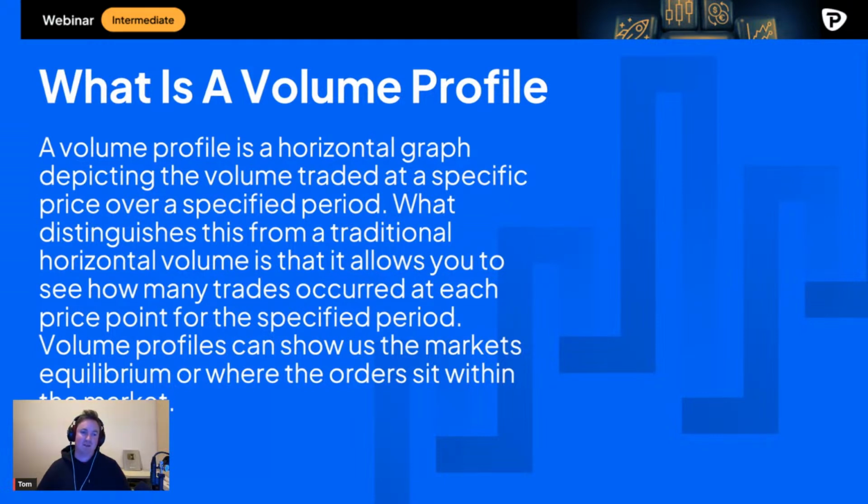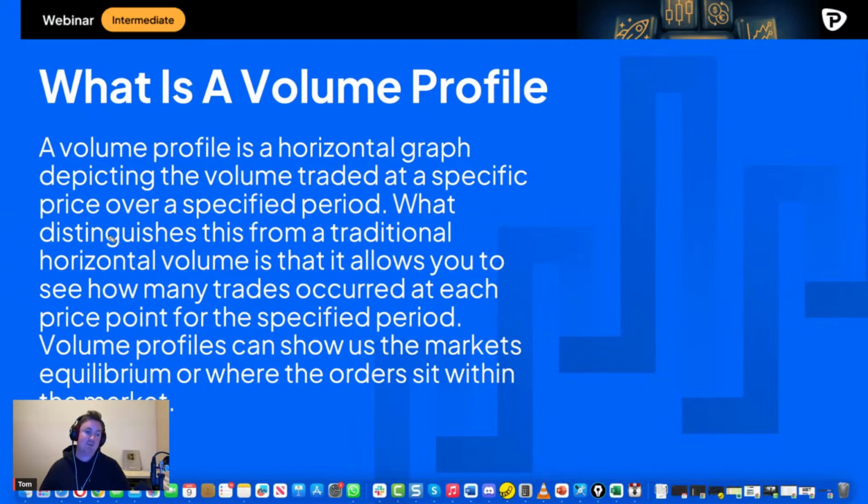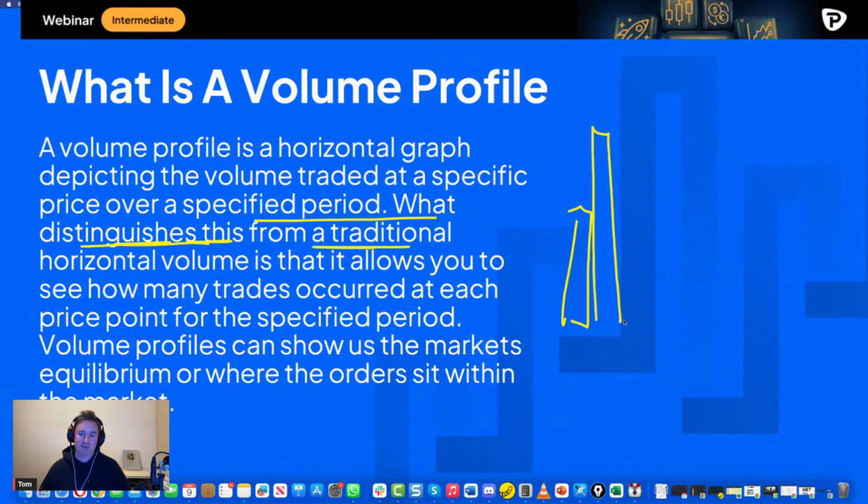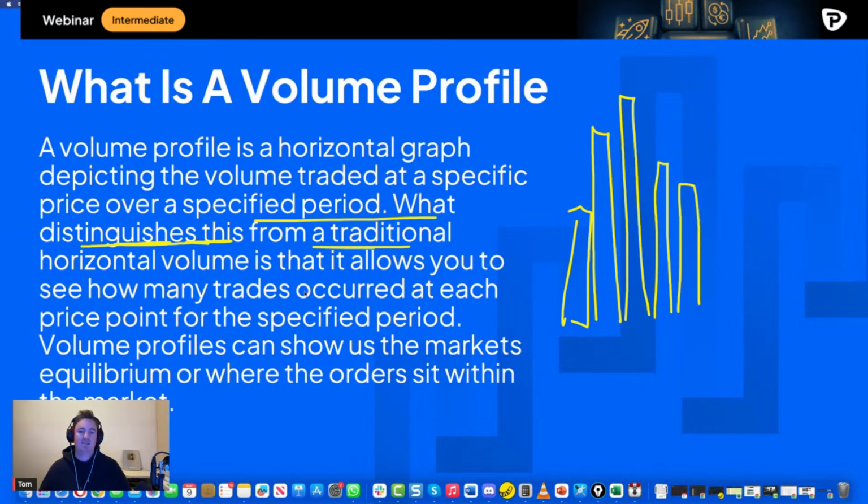So volume profile is basically a horizontal graph that depicts the volume traded at a specific price over a specified period. What distinguishes this from traditional volume, which is where you see it like this, which often people use with momentum breakouts, is that you will generally just see this.